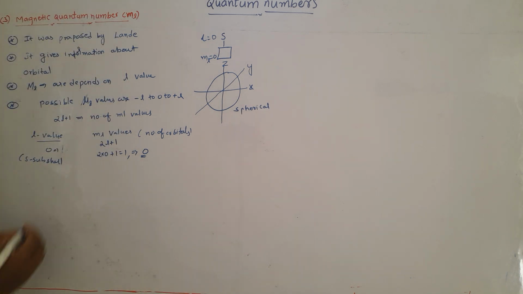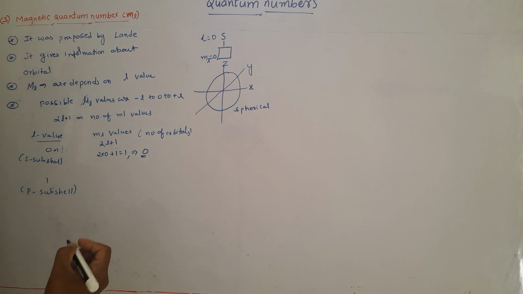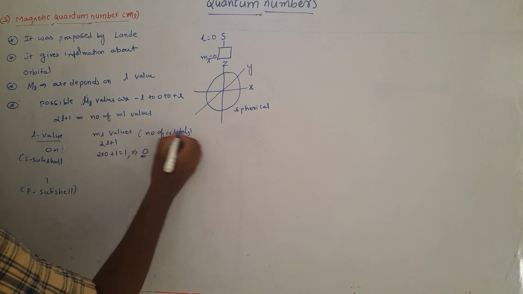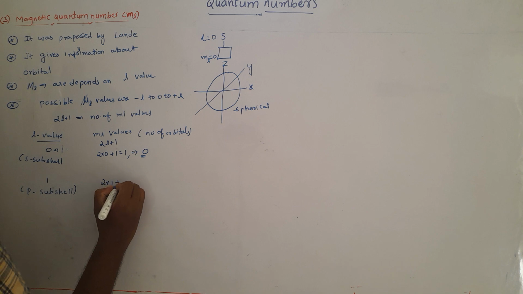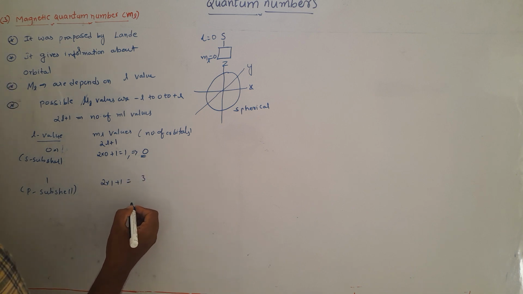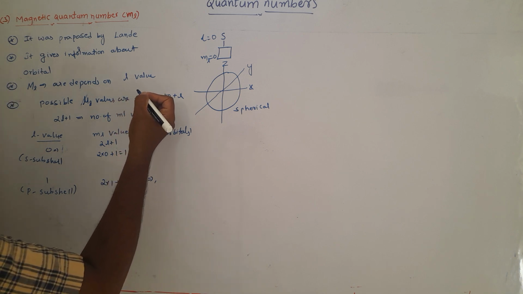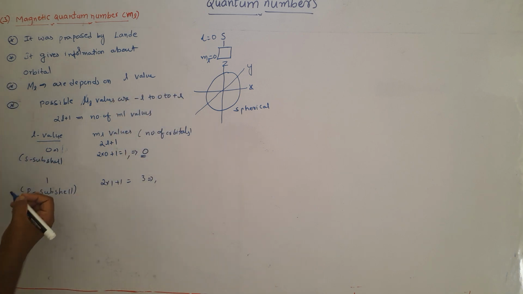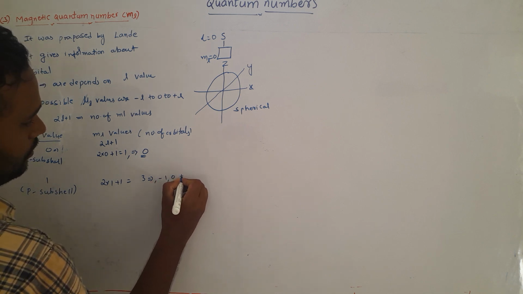Next, L equal to 1 means the P subshell. The ml values, that is the number of orbitals, according to the formula 2 into 1 plus 1 is 3. What are those 3? We already know from minus L to 0, 0 to plus L. Here the L value is 1, so minus 1, 0, plus 1.